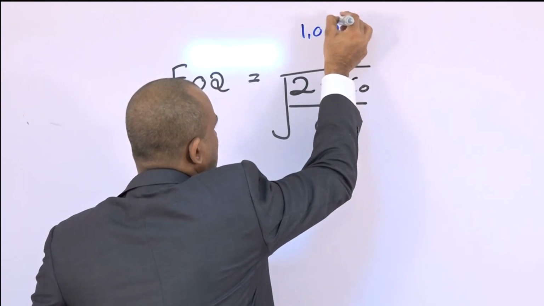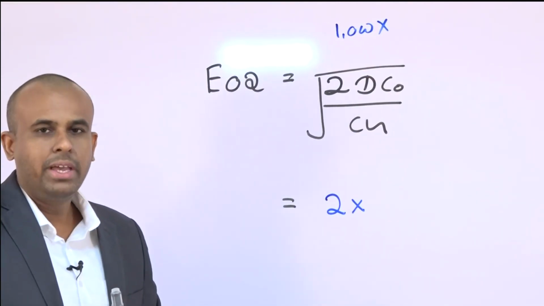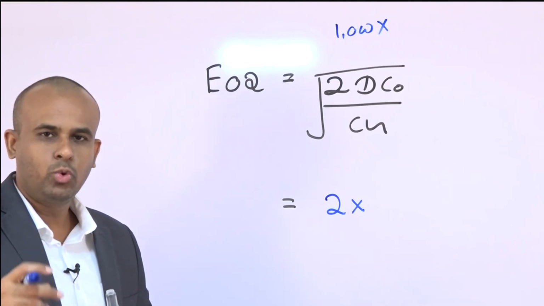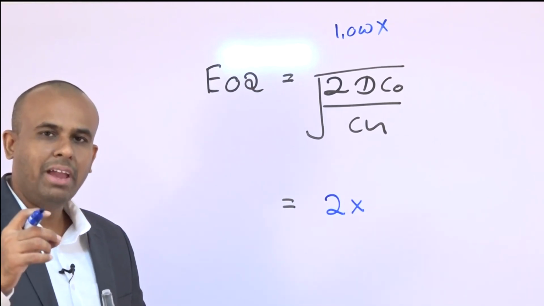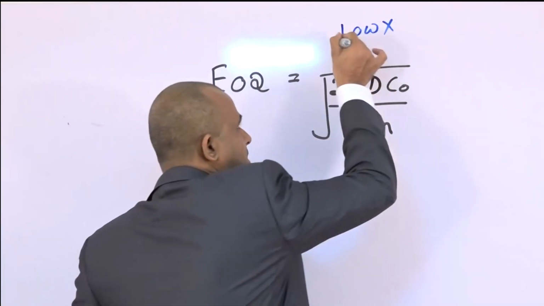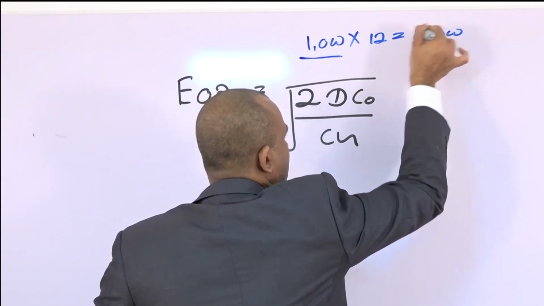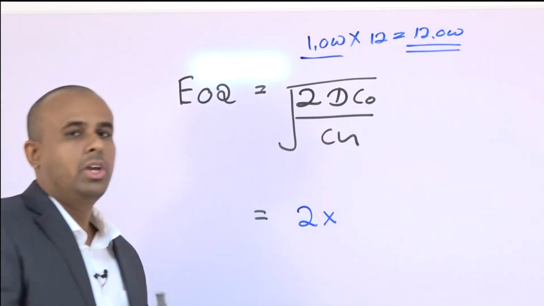Monthly demand is 1,000. There is an assumption in the EOQ model, inventories are consumed evenly throughout the period, right? That means every month or every day you consume the same amount. In every month if you consume the same amount, annually you are purchasing how many units? 12,000 units.